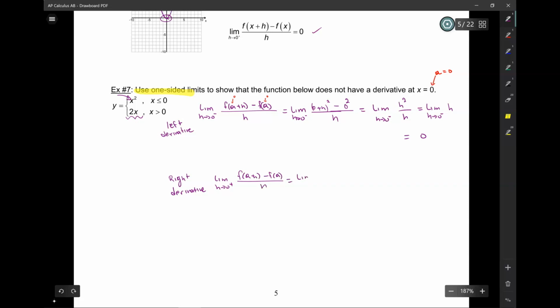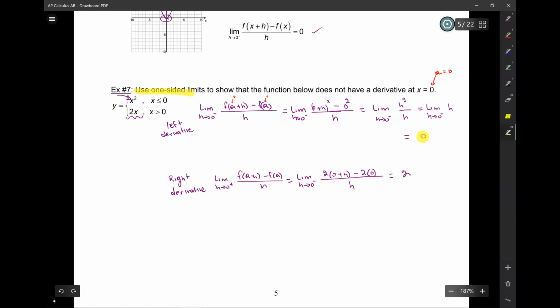So that is the limit as h approaches 0 from the positive side. f of a plus h is 2 times 0 plus h, minus 2 times 0, that's f of 0, f of a, over h. And that's going to be 2h over h, which cancels, so I just get 2.